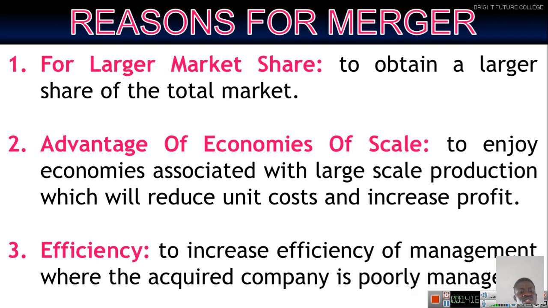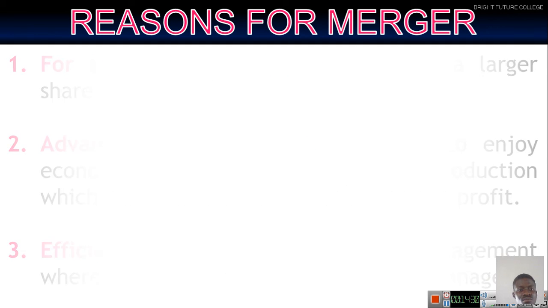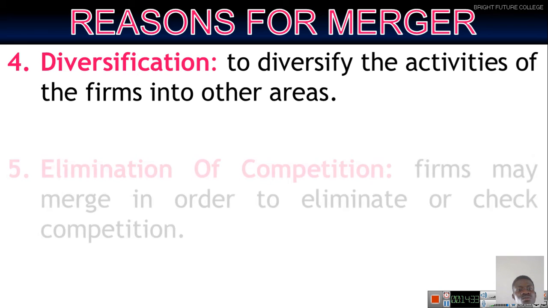You have efficiency. We always hear that two heads are better than one. So when more hands are employed into an activity, they will be more efficient. So that leads to efficiency. You have diversification.